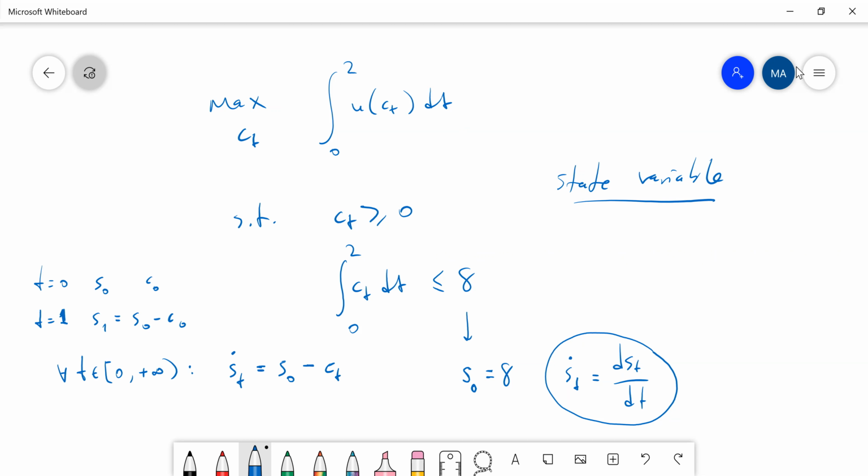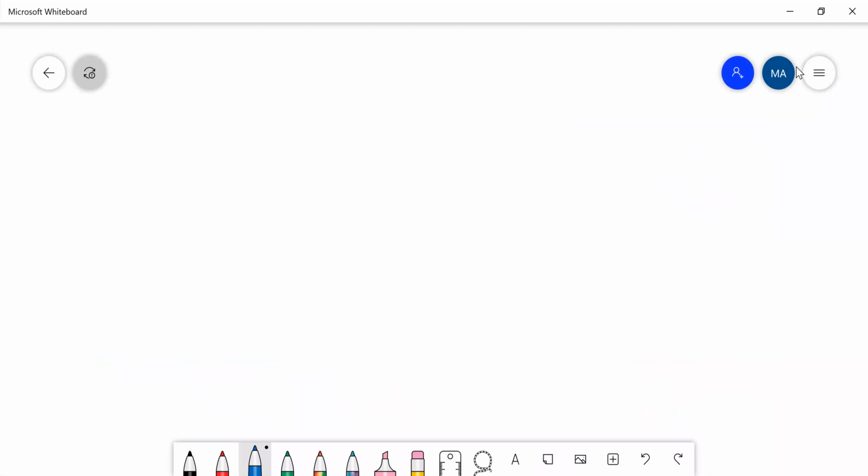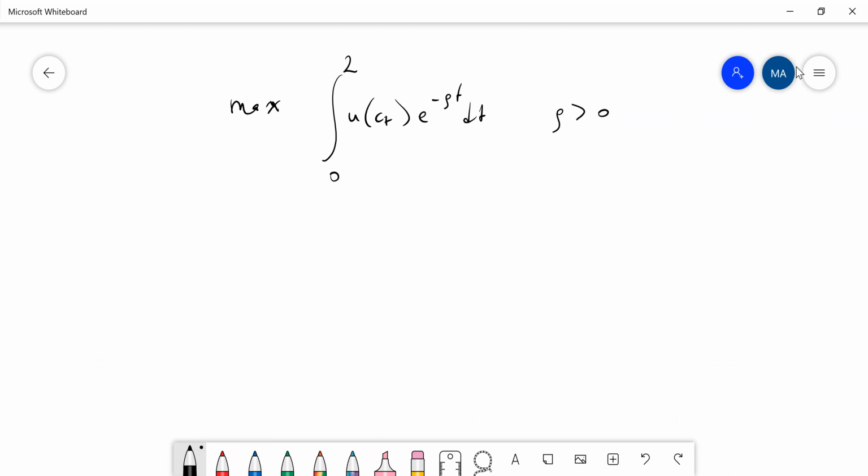Now, instead of this, I can actually work with this one. So I can write my problem finally in this way. Maximize from 0 to 2, where rho is positive.